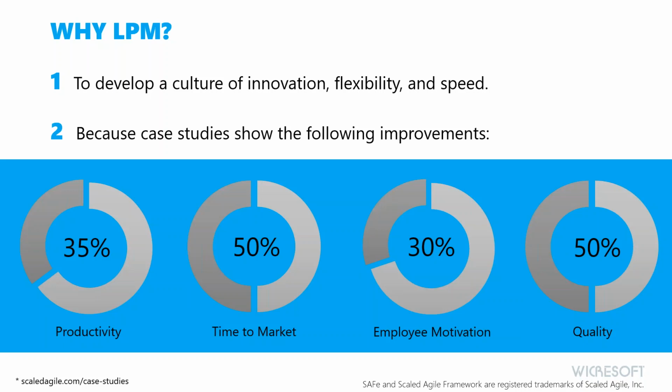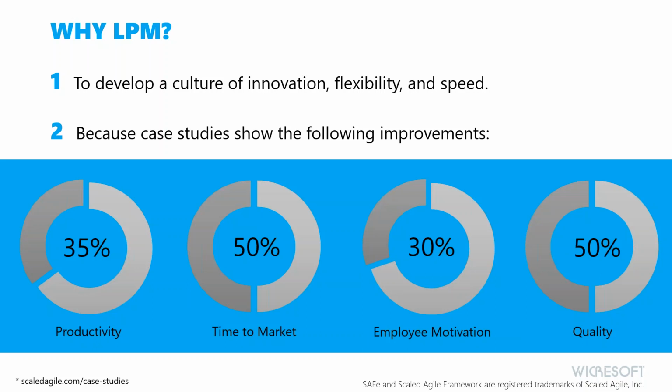The second thing is there are actually good case studies on people implementing scaled agile, and if you go to scaledagile.com, there's a number of them, and the stats are impressive, because the way business agility is defined is improvement to productivity, time to market, employee motivation, and quality.